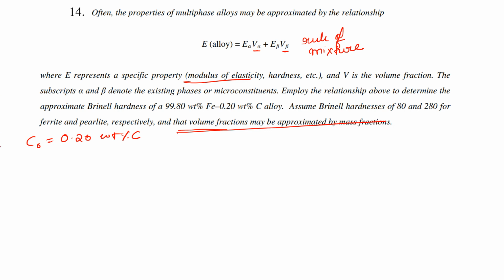So simply, the hardness of the alloy as per the rule of mixture should be the hardness of ferrite, that is alpha, times the volume fraction of alpha, plus the hardness of pearlite times the volume fraction of pearlite. So what we need is the volume fractions of alpha and pearlite, right?